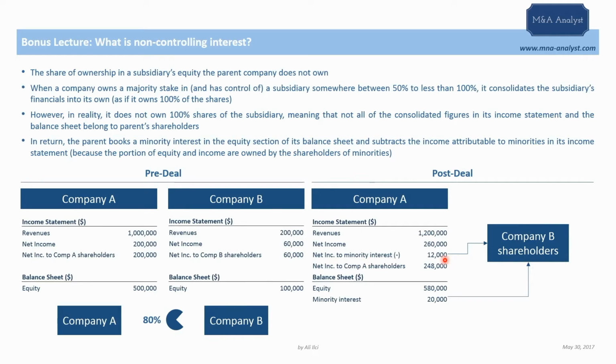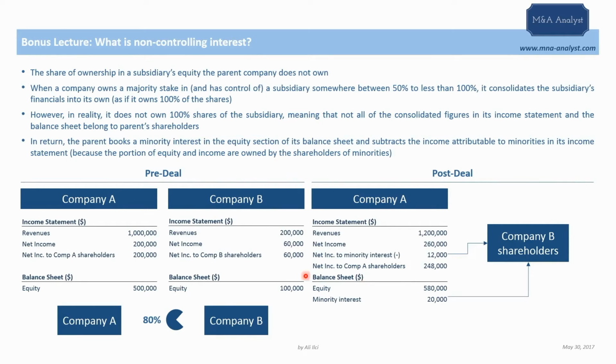In this case, $12,000, 20% of the $60,000 of profits of company B. And as you can see, the remaining $248,000 will be the net income attributable to company A's shareholders: the $200,000 they already had before, and 80% of the $60,000 of profits of company B.